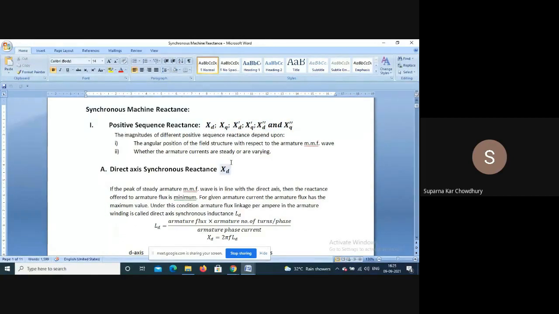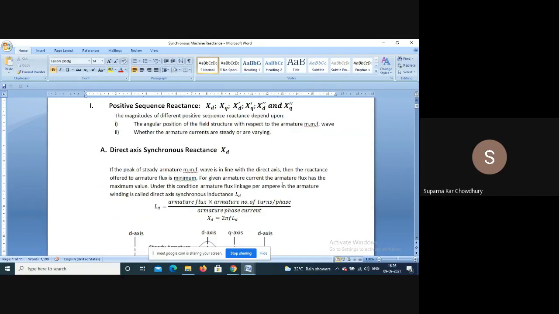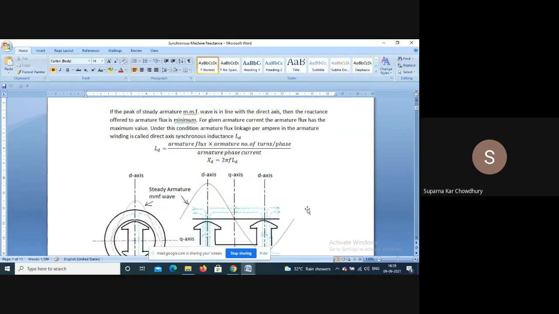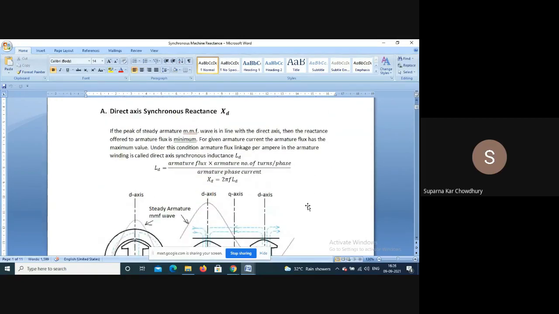The magnitude of the different positive sequence reactances depends on the angular position of the field structure with respect to the armature MMF wave, and whether the armature currents are steady or varying. Now, the direct axis synchronous reactance XD we have defined earlier.